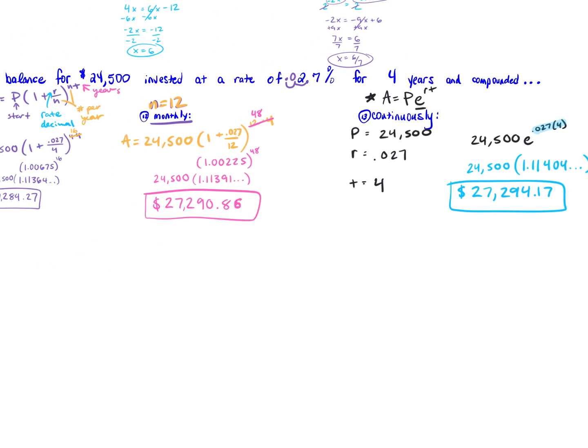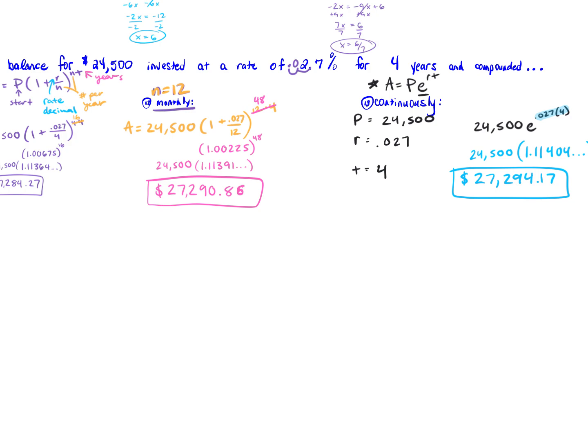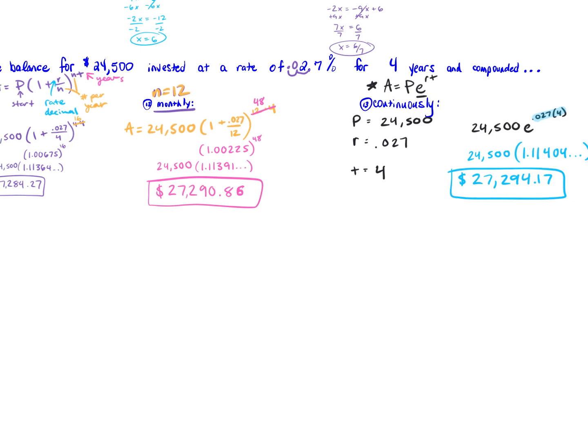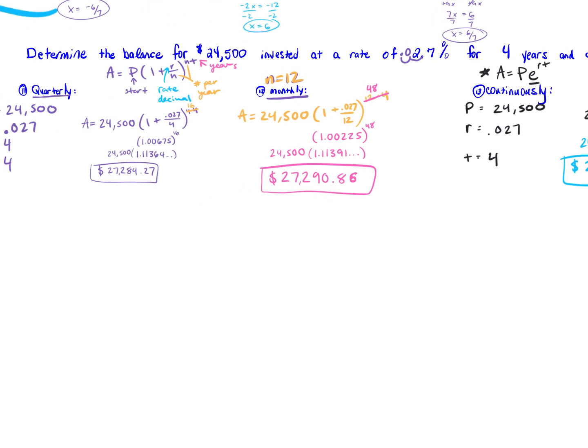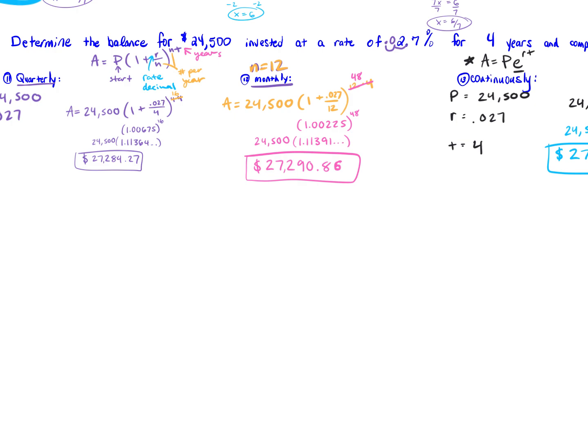Just as a refresher, you can look back on your notes to review, but here are some common Ns that you might see. Let's say we had annually. What would N be if it was compounded annually? 1. Annually happens once a year.